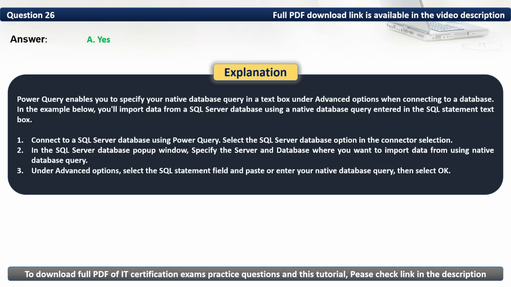Select the SQL Server database option in the connector selection. Then, in the SQL Server database pop-up window, specify the server and database where you want to import data from using native database query. Then, under advanced options, select the SQL statement field and paste or enter your native database query. Then select OK.